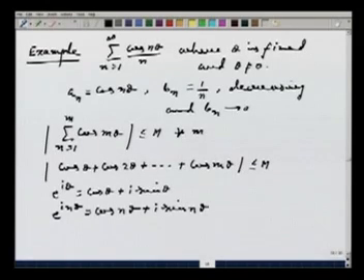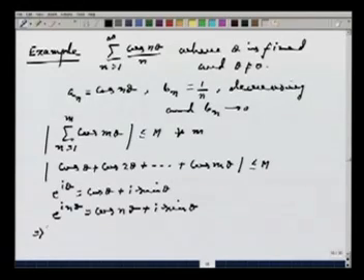Now, it is always true that the real part of a complex number in the modulus is always less than or equal to the modulus of the complex number.